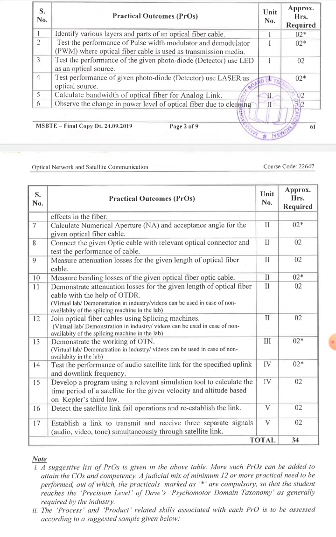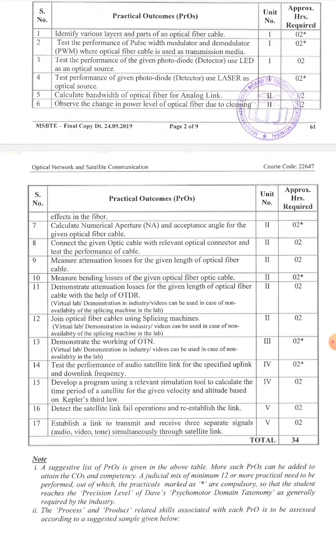The 11th experiment is related to the demonstration of attenuation losses for a given length of optical fiber with the help of OTDR. The 12th experiment is related to the splicing techniques to join the optical fiber. The 13th experiment is related to the demonstration of the working of OTN.